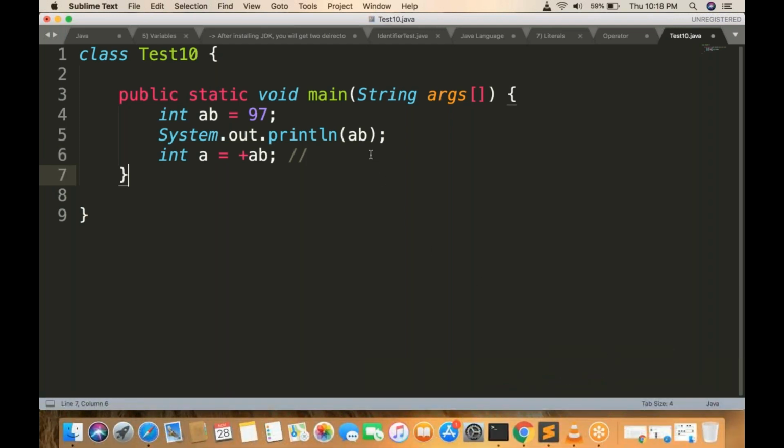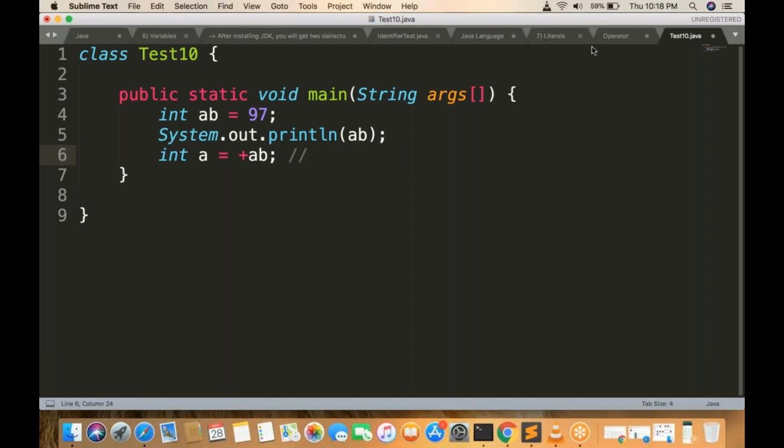We are using a unary operator. Correct. If it is a unary operator and the operand type is int or lesser than int, what would be the result type? Always int only. So the result type is int.